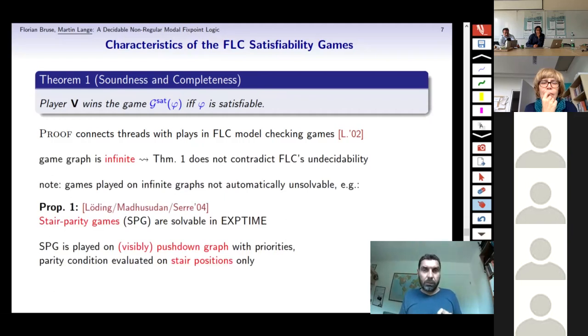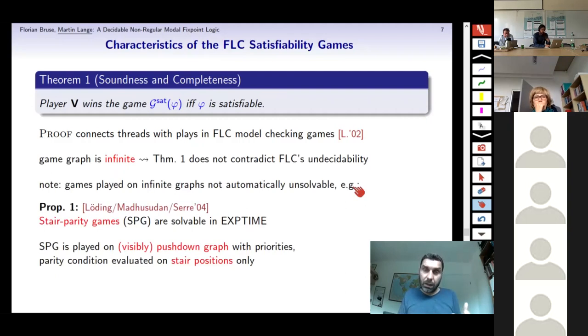Now, you may think that this contradicts FLC's undecidability. It does not, because the game graph is in general infinite, so there's no reason why these games should be solvable algorithmically. On the other hand, just because it's infinite doesn't mean that it cannot be solvable algorithmically.